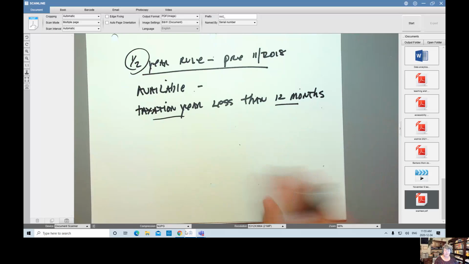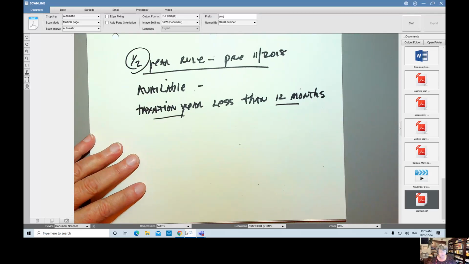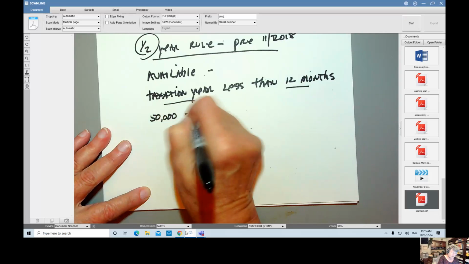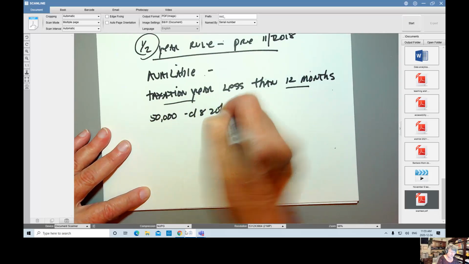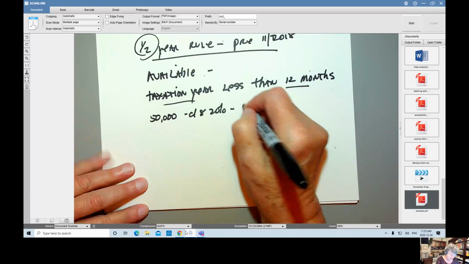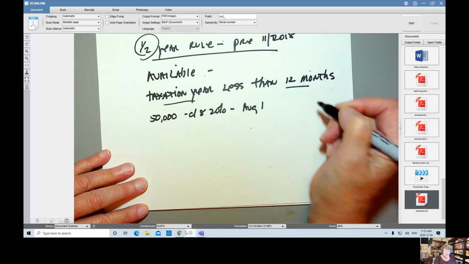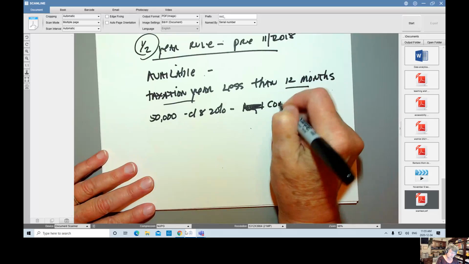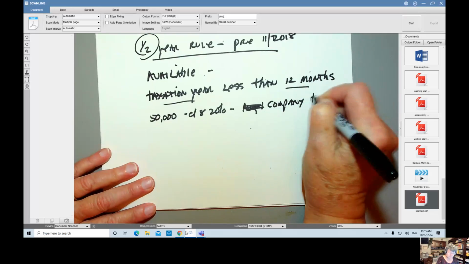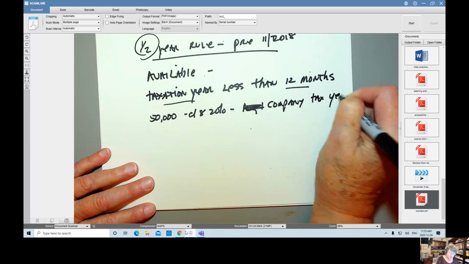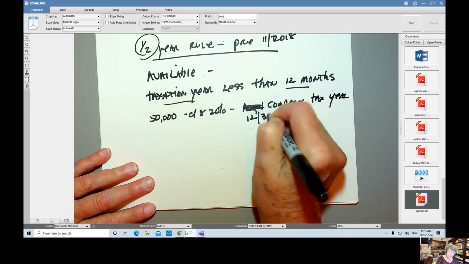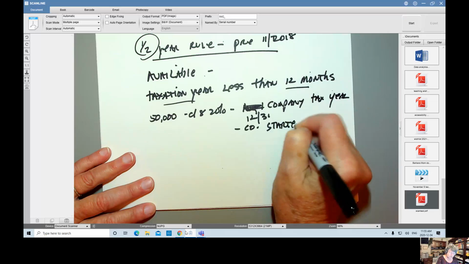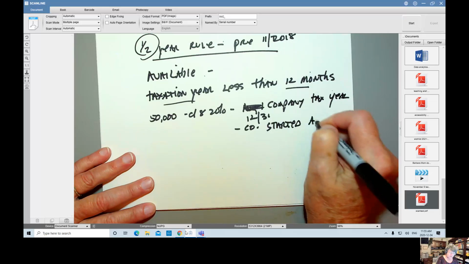So what you would do with a taxation year under 12 months is this. Say I bought the asset for 50,000, it's in class 8, that's 20%. Sorry, it doesn't matter when I bought it. It's the company's taxation year. The company tax year-end is December 31st, but the company started this year on August 1st.